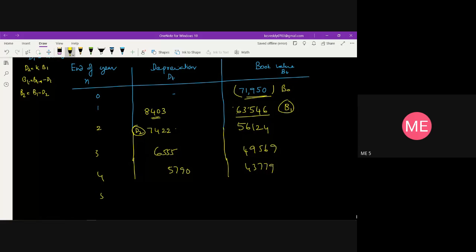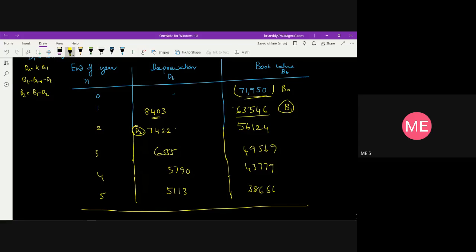Then at the end of the fifth year, the depreciation will be 5,113, and the book value of this equipment is going to be 38,036. So this is the depreciation schedule for the 5 year period.